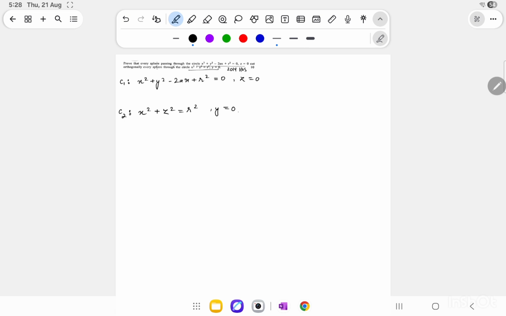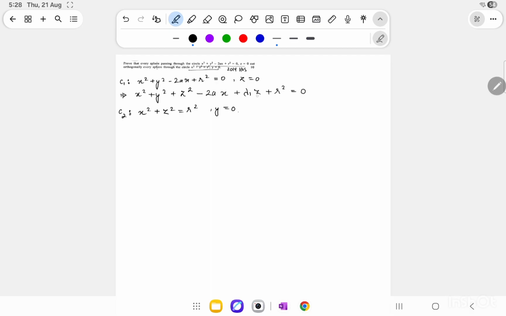So since they have given me equation of circle, from here I can find out my equation of arbitrary sphere which is passing through this circle. So equation of sphere passing via circle C1 will be x square plus y square plus z square minus 2ax plus lambda 1 z plus r square equals to 0.